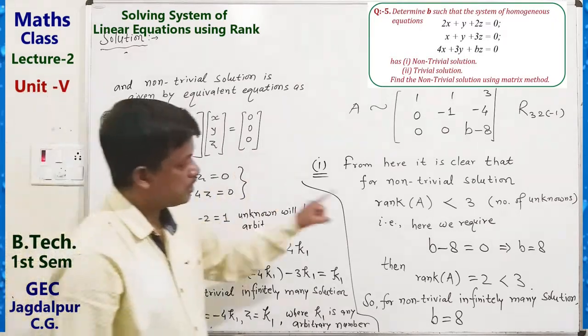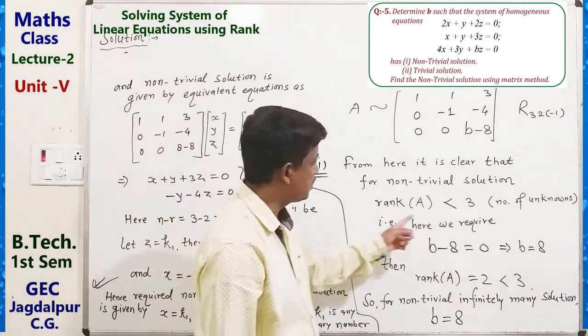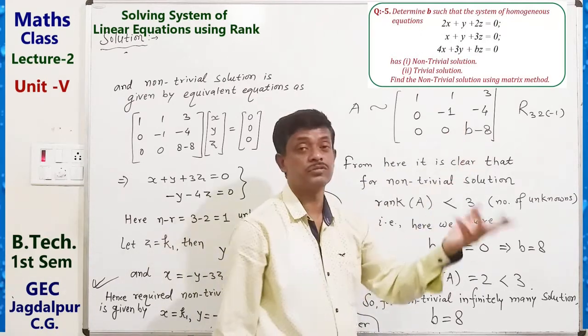Now for the trivial solution, that means rank should be equal to 3. For that, B minus 8 is not equal to 0.